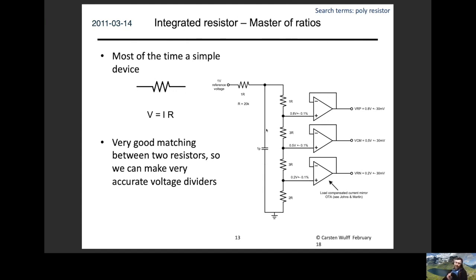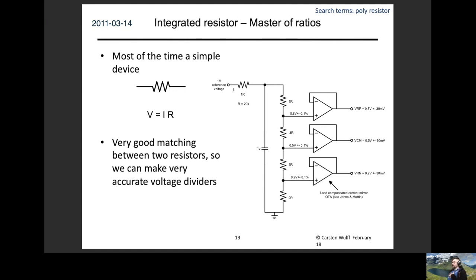Now, the bad thing about these resistances is that the absolute value will change by, well, plus minus 20% maybe for different chips. So that's horrible. It's horrible compared to discrete resistors that you can buy. But what's really good is that if you place two next to each other, the ratio between them will be extremely precise if you do the drawing correctly. So that means that you can get very precise ratios.